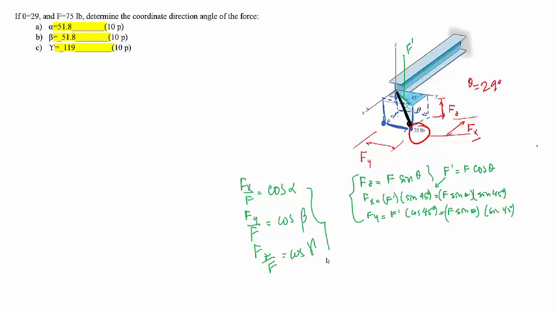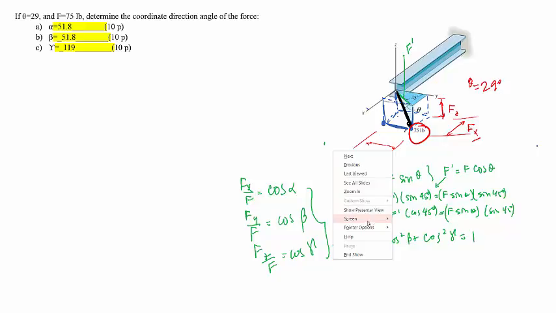Now the other thing that you need to keep into account is also the cosine squared of alpha plus the cosine squared of beta plus the cosine squared of gamma equals 1. Now the other thing that I want you to take a look at, which is important, and we had some problems like this in the homework.